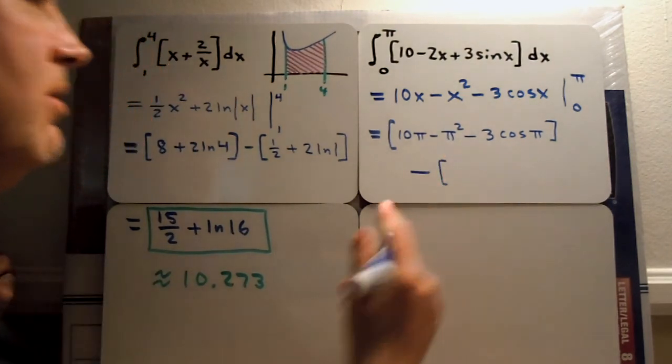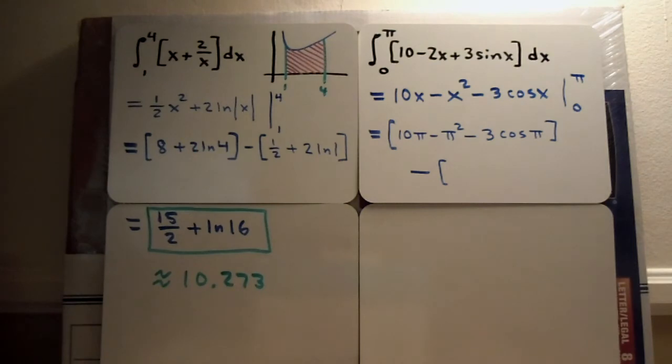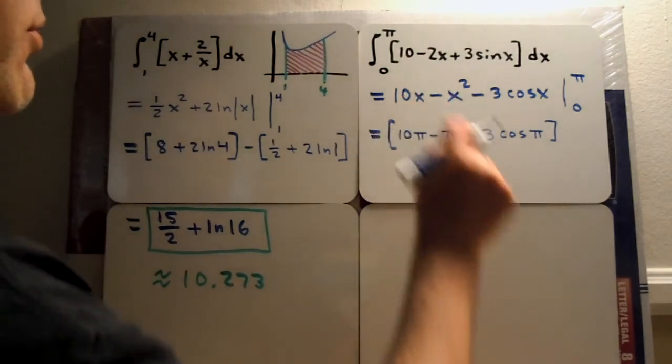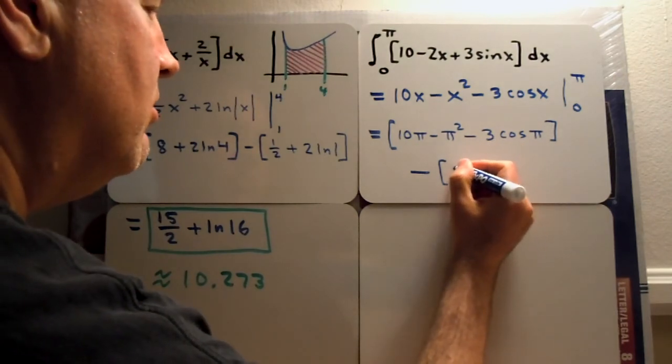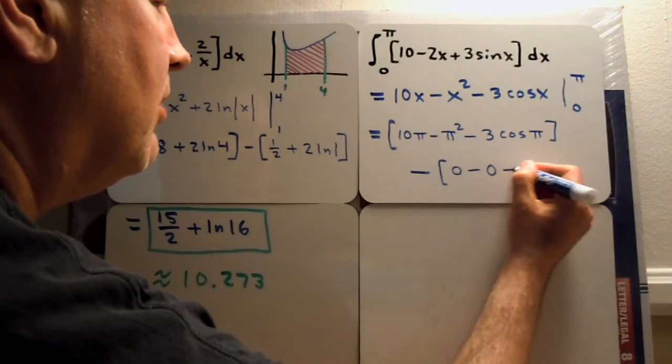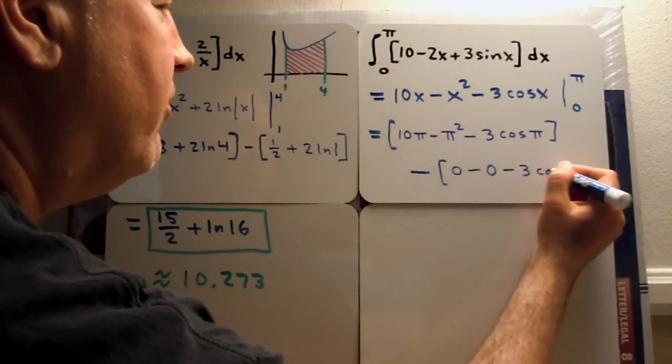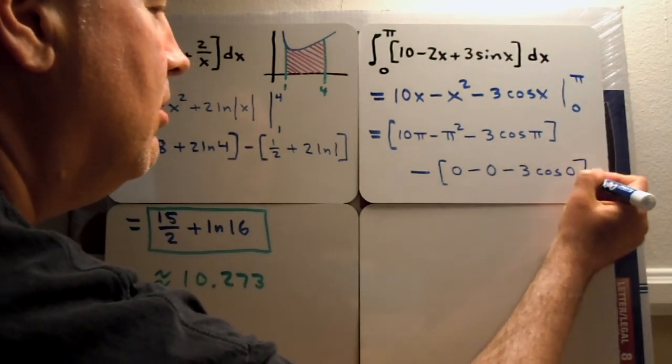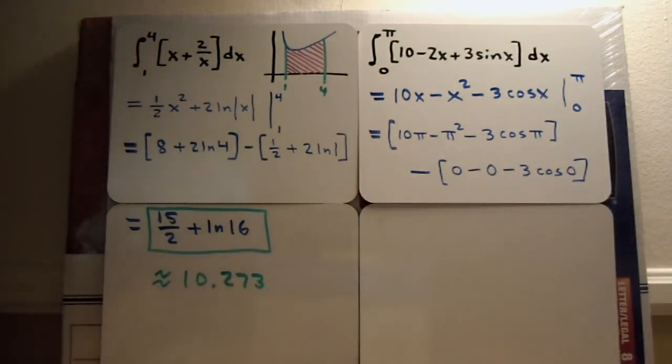And now don't always assume that the value at 0 is going to be 0. It may not be. Of course it is when you substitute 0 into 10x and into x squared. But then we have 3 cosine of 0, and we're going to subtract those.